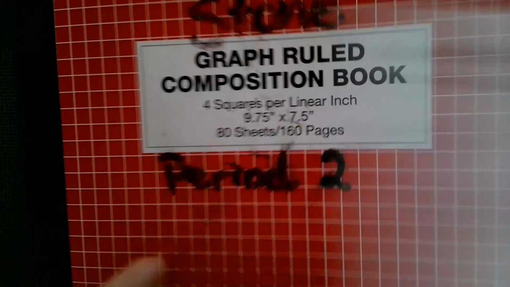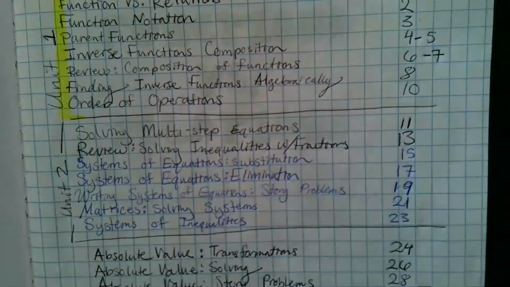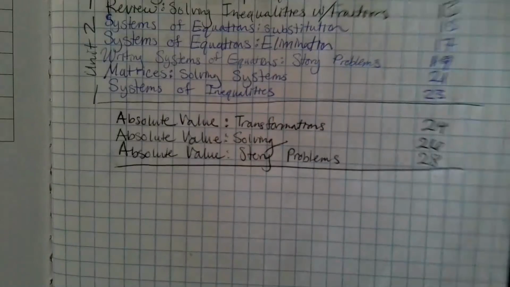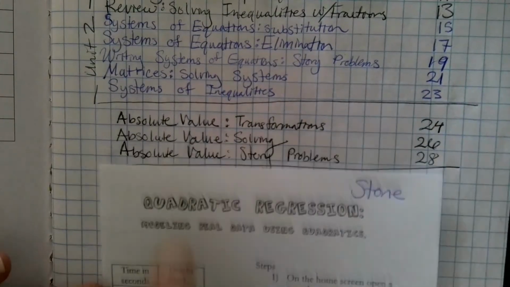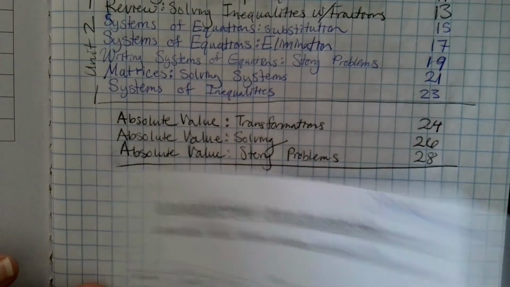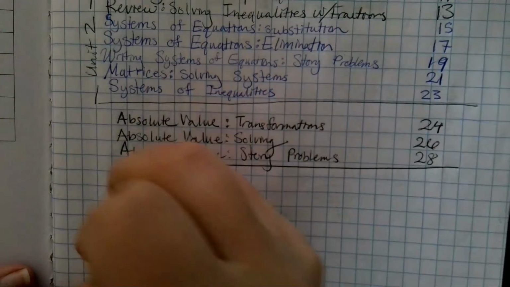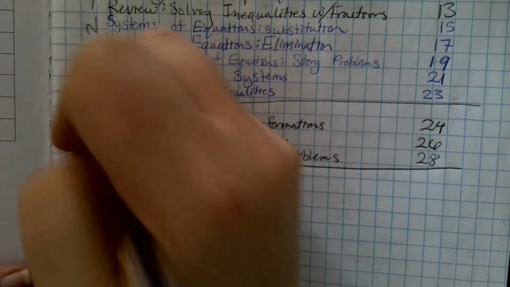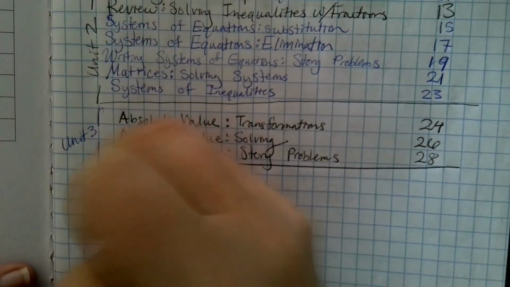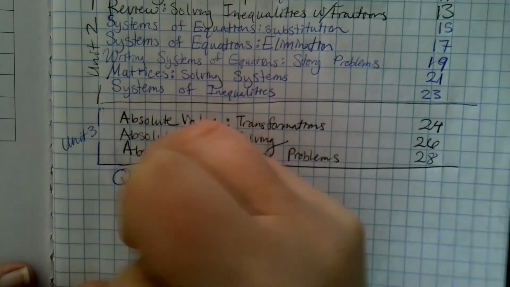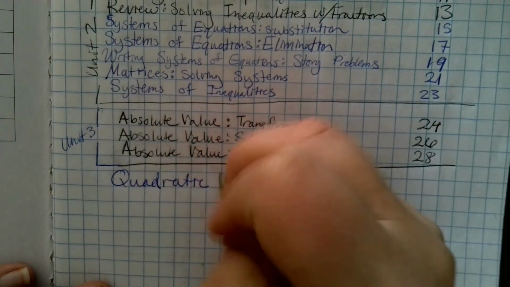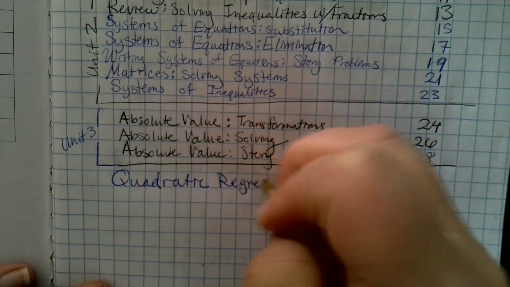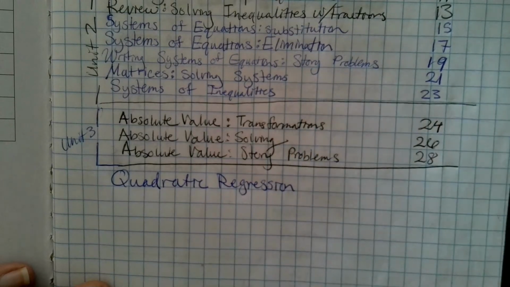Go ahead and open your journal. We're going to put this on the title page. We're going to call it Quadratic Regression. I think it's going to go on page 30.